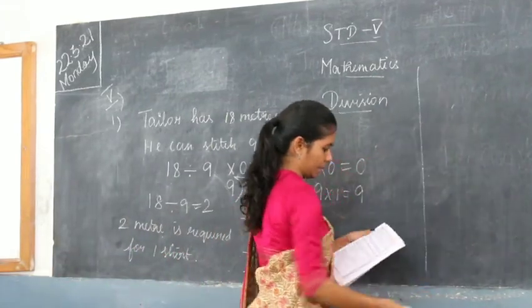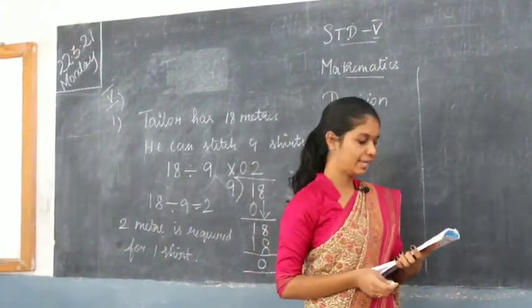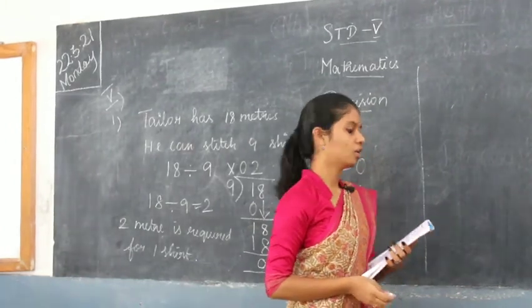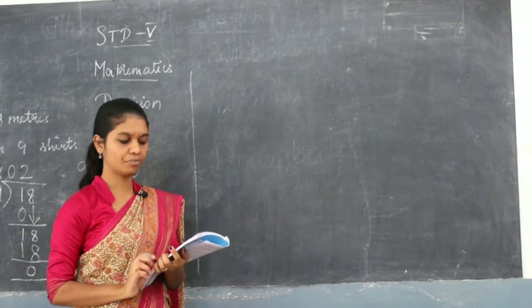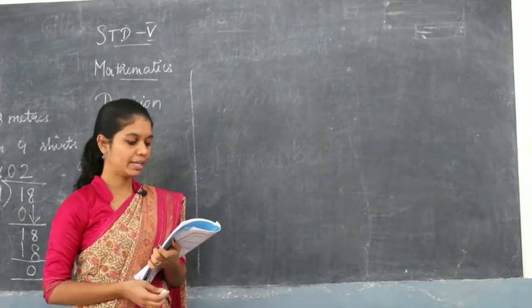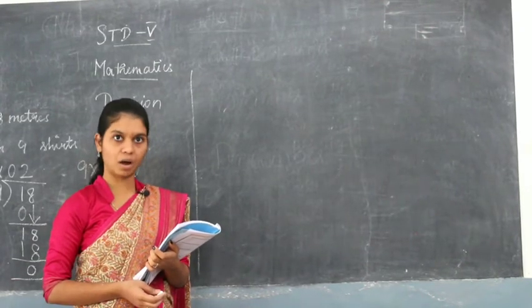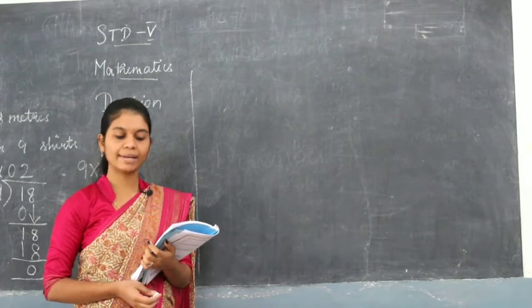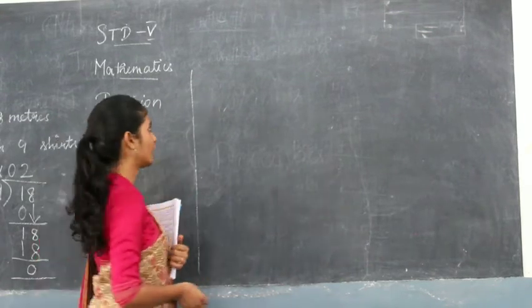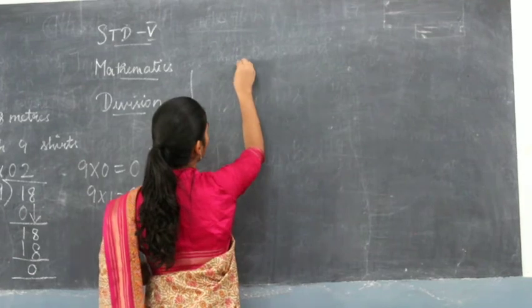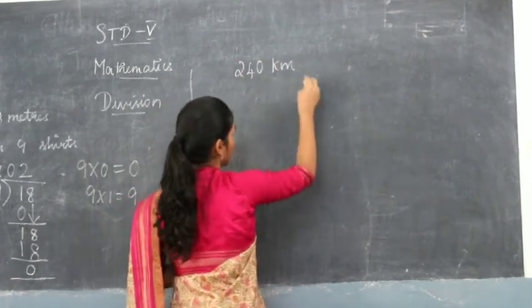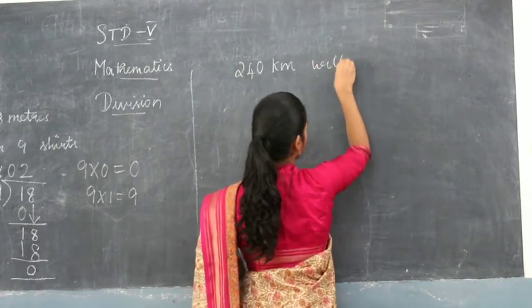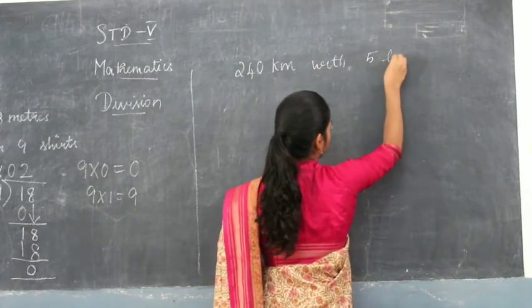Now the second sum. A bike can cover 240 km with 5 liters of petrol. How many kilometers does it cover with 1 liter of petrol? Now, 240 kilometers with 5 liters of petrol.